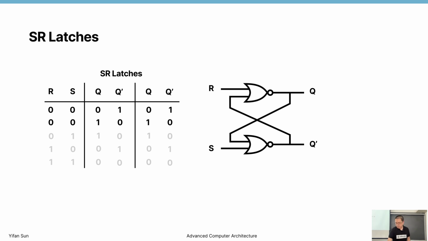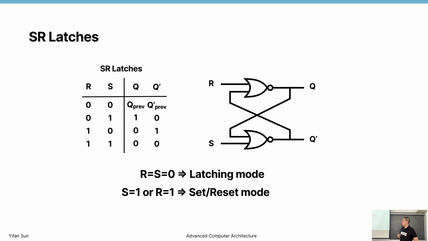So we can write this truth table in this way. When R and S are 0, Q equals Q previous, Q prime equals Q prime previous. Right? So which gives us two different modes.